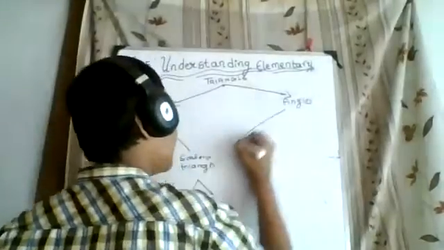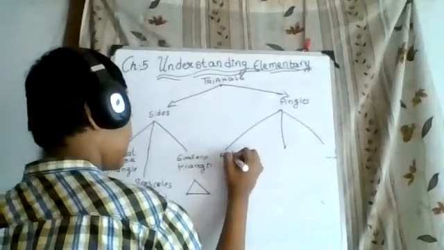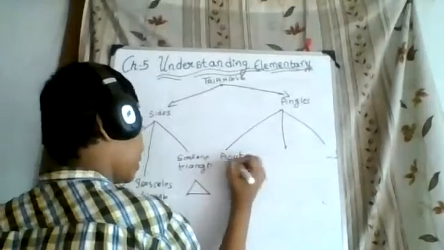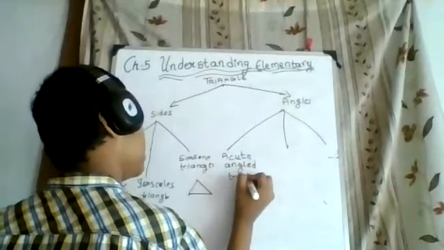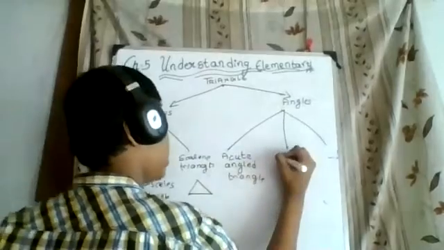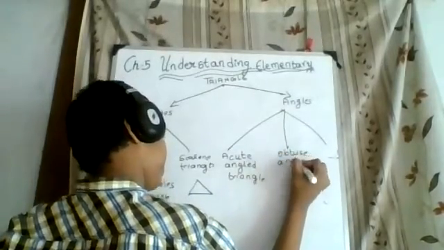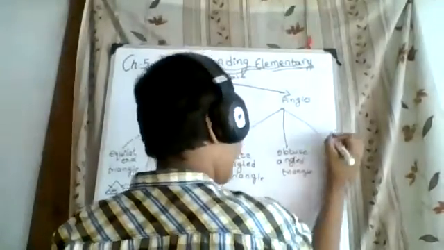And for the angles we have three categories: acute angled triangle, obtuse angle triangle, and the last type is the right angle triangle.